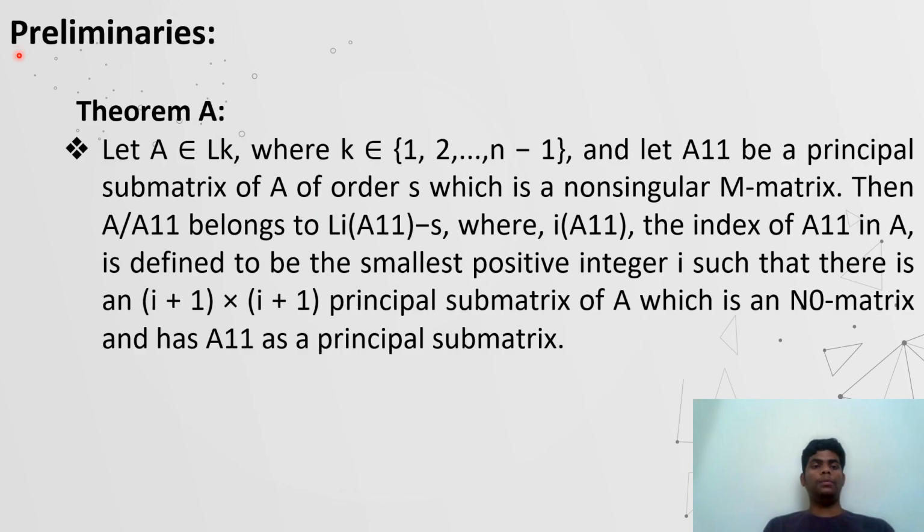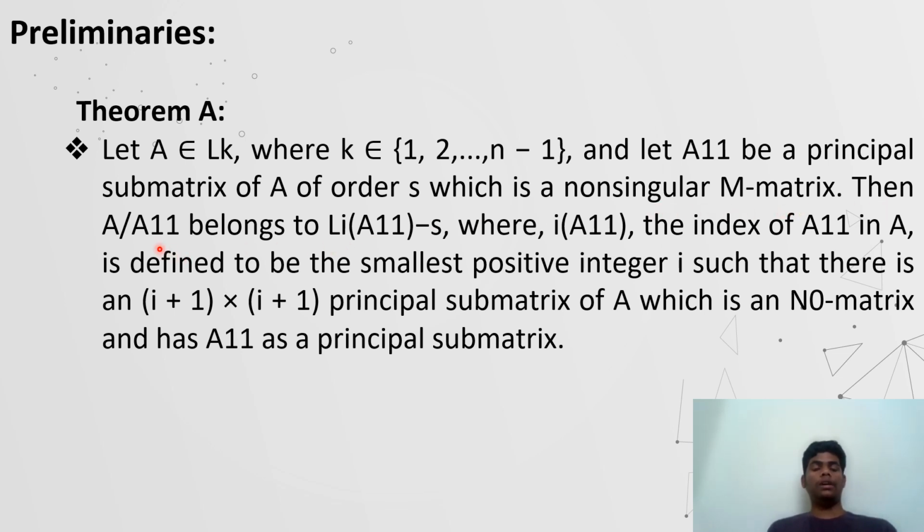Preliminaries for the concept. Theorem A. Let A belong to Lk, where k belongs to 1, 2, 3, and so on up to n−1. And let A11 be a principal submatrix of order s which is a non-singular M matrix.